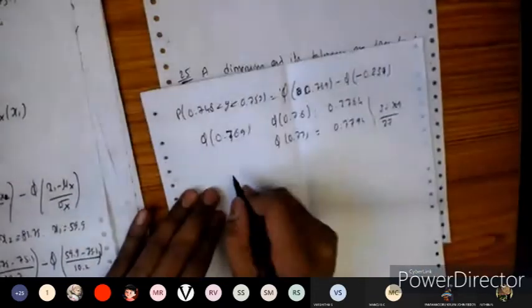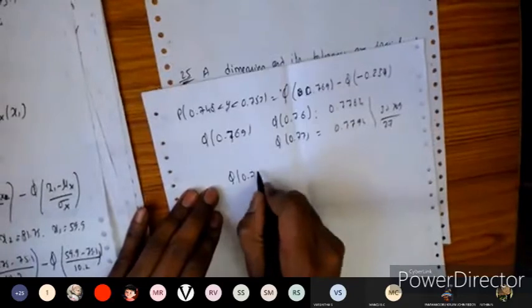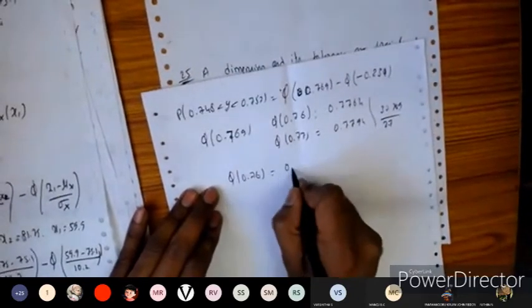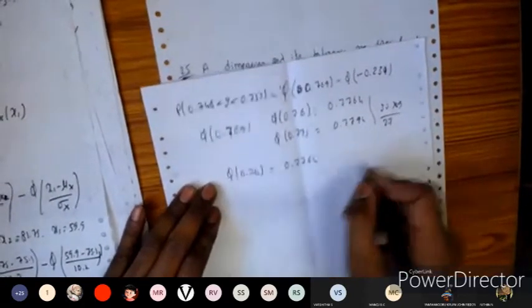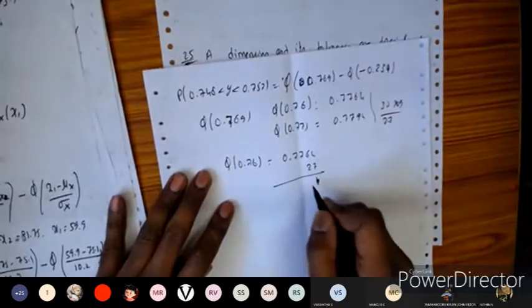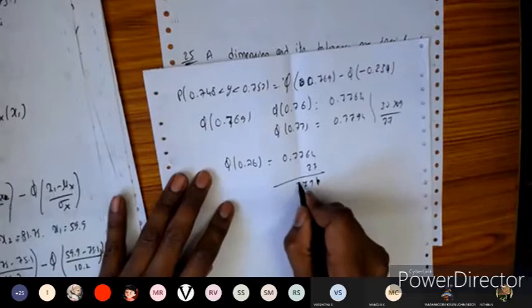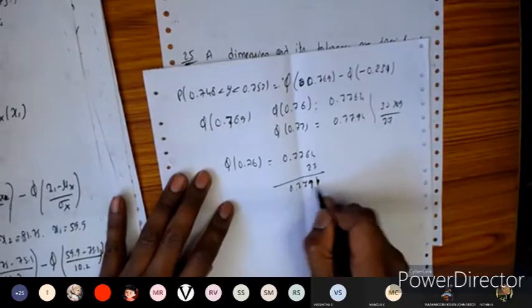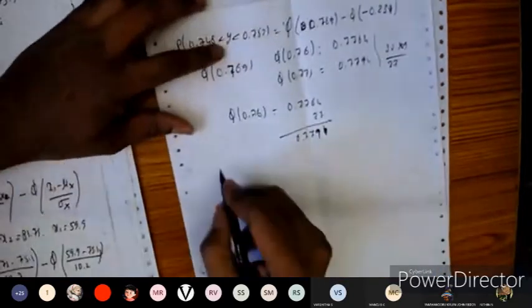0.7764. Okay, so you got the concept, you know how to find the exact value. So this is phi of 0.76, the value is 0.7764, and 27. Let us add here. So 7 plus 4 is 11, so it will become 0.7791. Got the answer here?